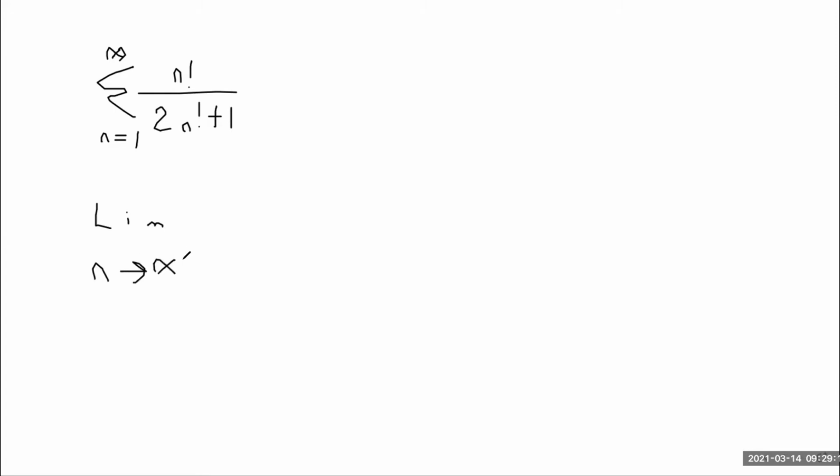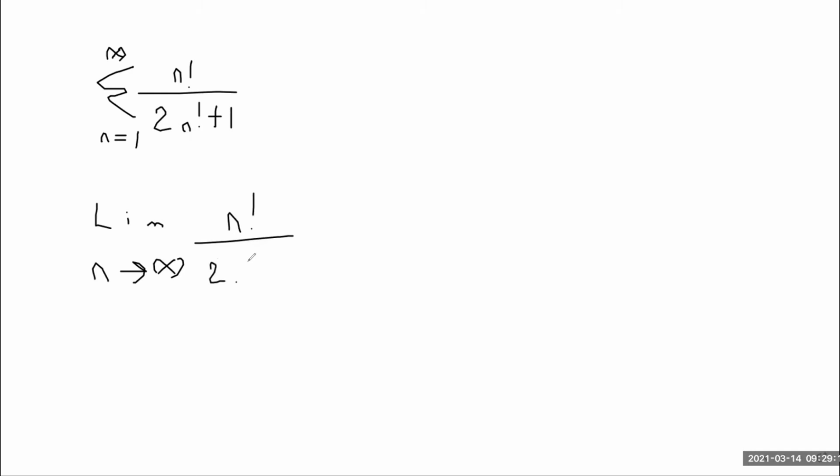We're supposed to determine if this converges or diverges. The sum from n equal 1 to infinity of n factorial divided by 2n factorial plus 1. Now for this, we're just going to evaluate the limit as n approaches infinity of n factorial over 2n factorial plus 1.